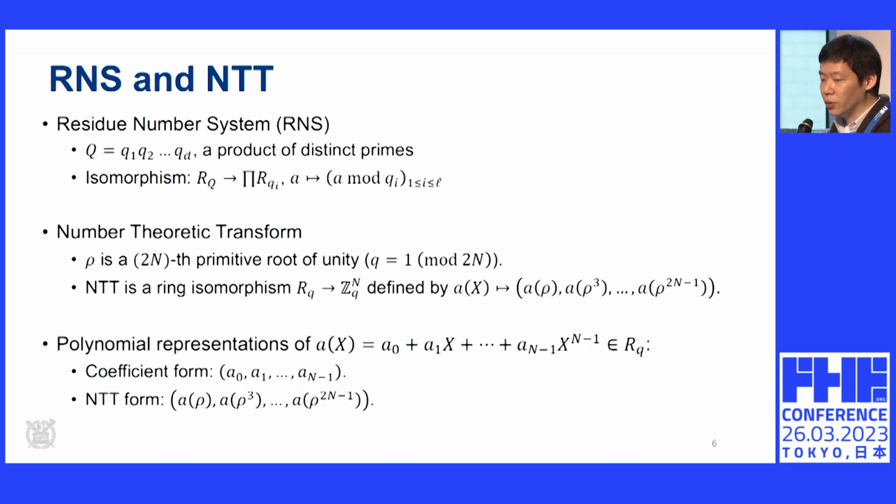This is a ring isomorphism again. So there are two types of polynomial representation for A. The first one is the coefficient form, where you simply consider the tuple of its coefficients. And another is called the NTT form, where you store these evaluation values. The NTT form is more suitable for arithmetic operations, while the coefficient form is necessary when you evaluate some non-arithmetic operation like a Gaussian decomposition, which I will explain in the next slide.